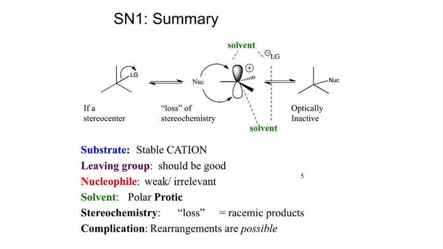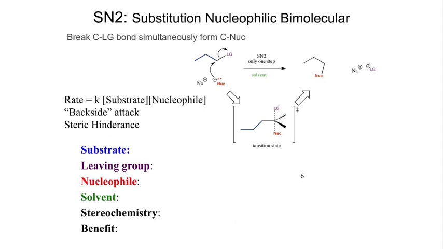So I don't care about the nucleophile, because relative to that first step, it's easy. When we move to the SN2, why does the nucleophile become more important? This is all in one step. Everything that's in that one step is going to be important. The nucleophile is now in that step, so it absolutely becomes important.